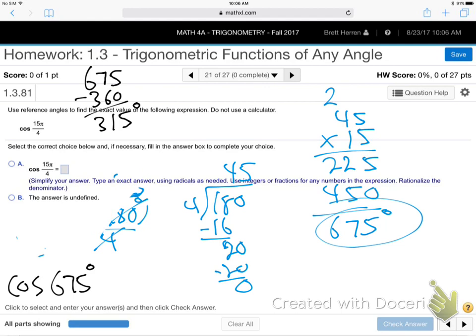So now we got to find. Can you do that? Let me give you a minute. Yeah, better for me to step out here for a second. So go ahead. Find. Now we got down to an angle that's doable. Go ahead and draw your axis system now. Find 315. Find what quadrant it's in, and find the reference angle.